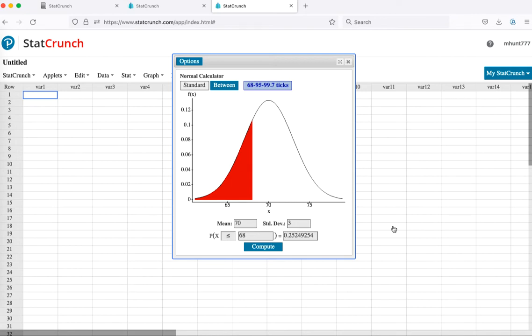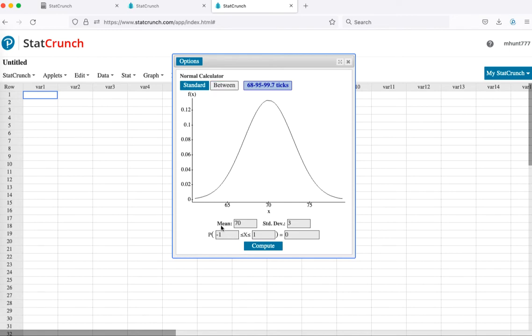All right, so for the next problem, we are going to evaluate what percent of the males have a height between 67 and 71 inches. So we have to change from standard, which is a less than or equal to, to between, which is in between two numbers. In between what?